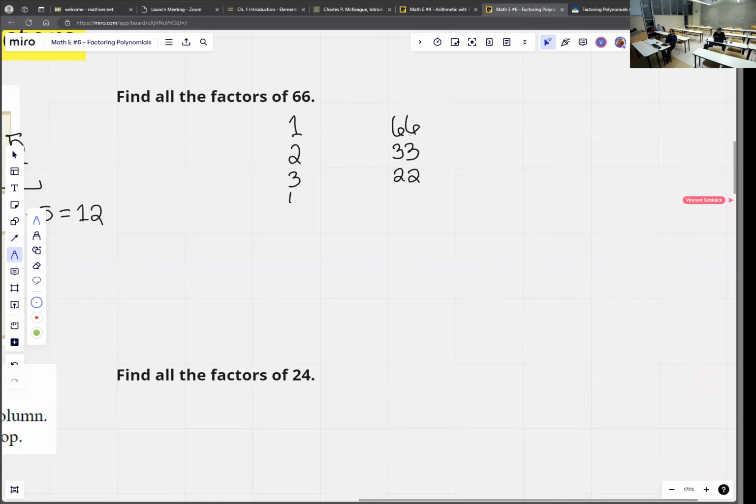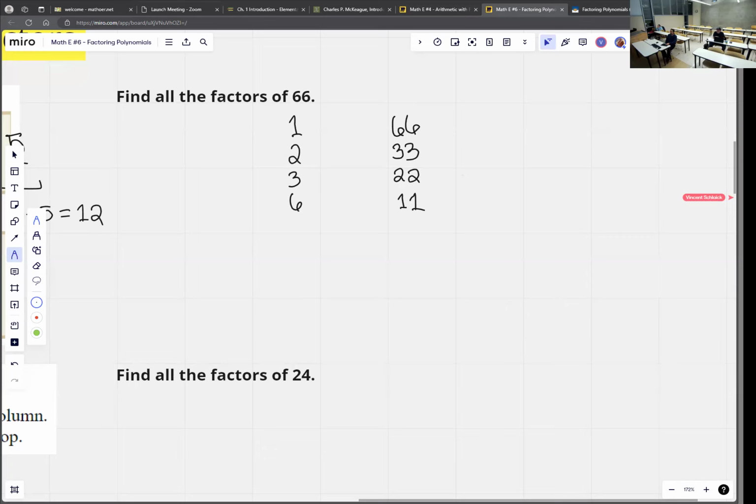Does 4 work as a factor? No. Okay, skip that. Does 5 work as a factor? No, it doesn't end in 5. Does 6 work as a factor? Yes, 6 times 11. Does 7? You might have to test that on a calculator or try it with long division. No, it doesn't work. Does 8 work? No. Does 9 work?